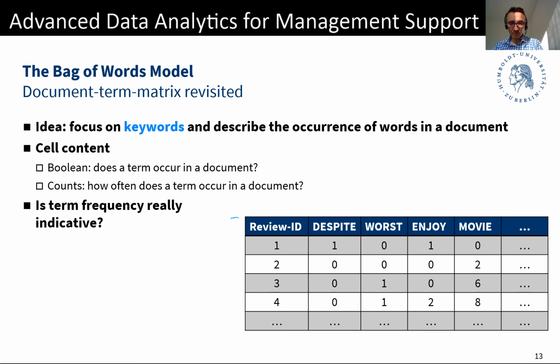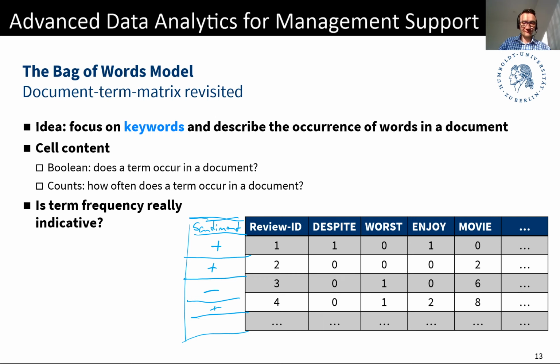So we could add a modeling target to our database, and we could call that sentiment. And then maybe the first review is positive, and maybe, yeah, that makes sense. The first could also be positive, and the third probably is negative, and, well, let's say that one is also positive.